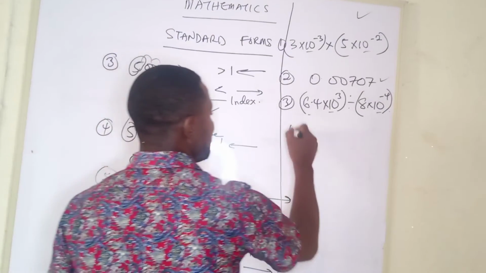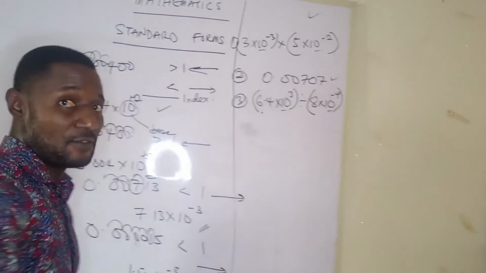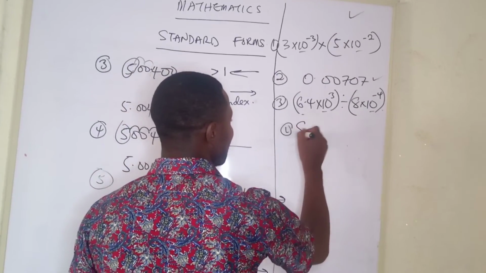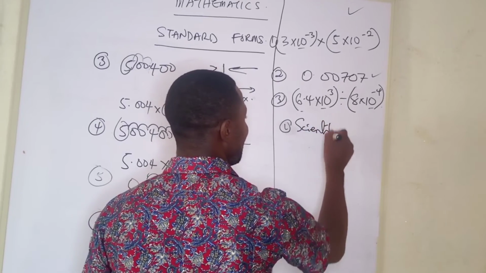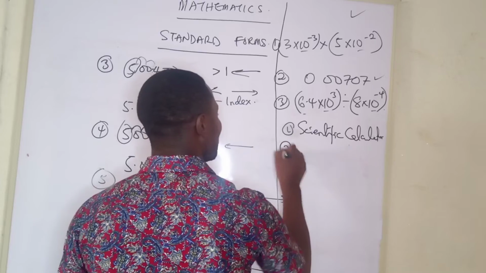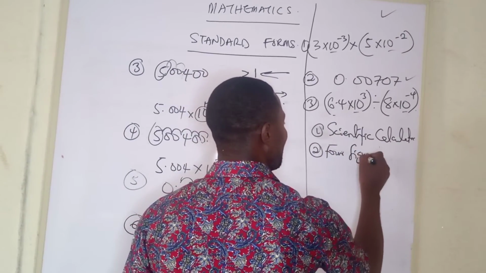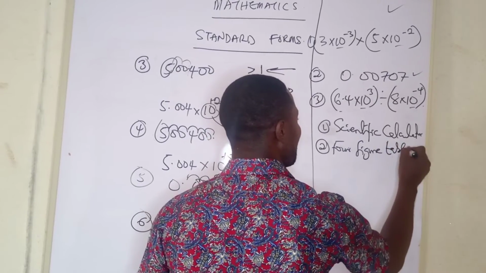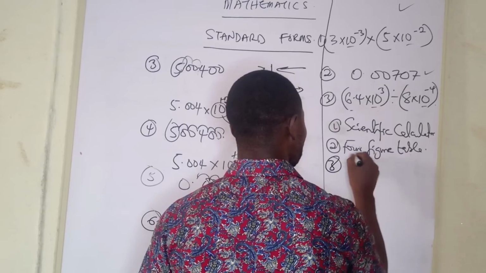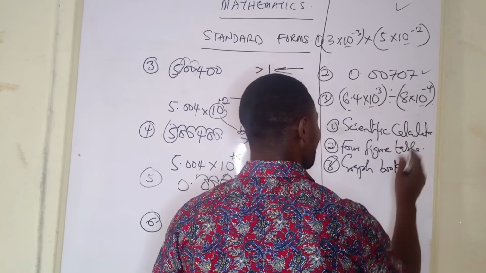Now, before our next class, I also want to tell you to get some things available. Number 1, you have a scientific calculator. Number 2, you should get a 4-figure table. Number 3, you get a graph booklet, because we'll be drawing graphs as time goes on.